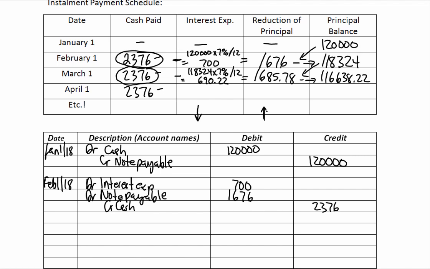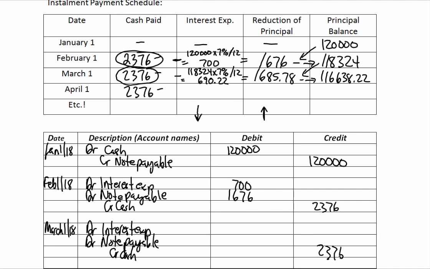So let's do the entry for March 1st. I'm going to have a debit to the interest expense. I'm going to have a debit to the note payable because I'm reducing my principal, and I'm going to have a credit to cash. And notice my cash payments, they're staying the same, $2,376.